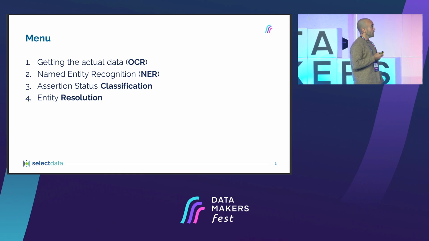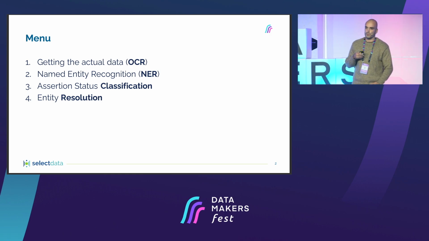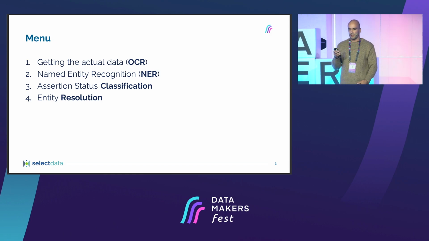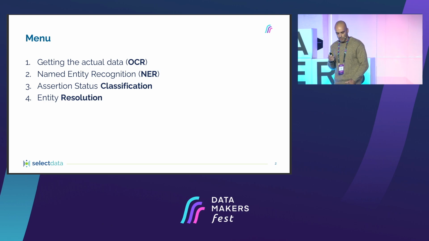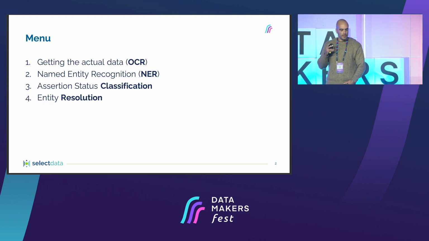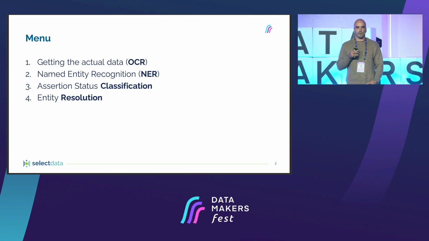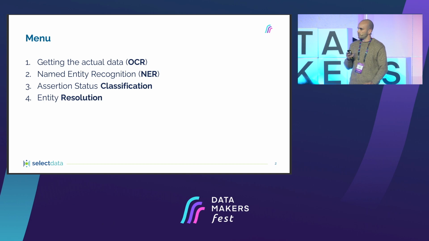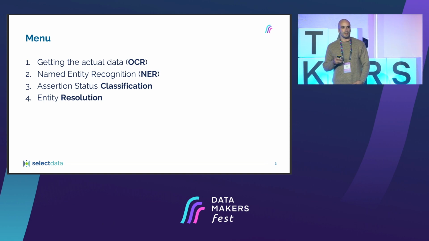So the menu for today: we are going to start on how to actually get the data, which is something that is kind of overlooked most of the times. Then we're going to go a little bit on named entity recognition, but thankfully Ines already explained the nuts and bolts of it, so we don't need to spend too much time on it.